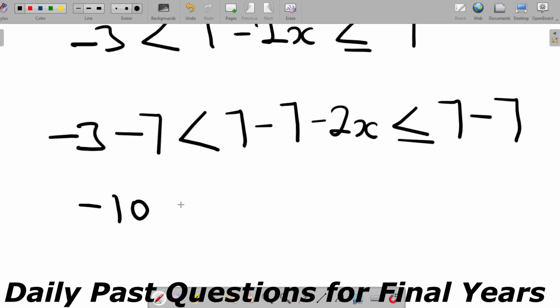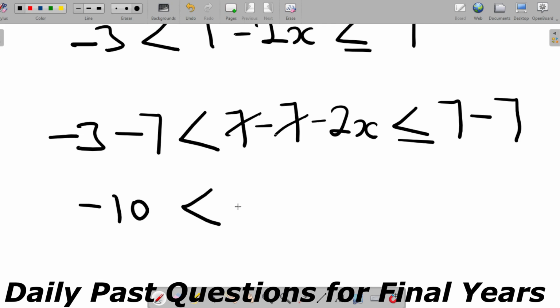Then you bring less than, and this place you have 7 - 7, meaning that you have 7 cedis and you are owing someone 7 cedis. So when you pay out, you have nothing again. So the 7 will take care of this 7.